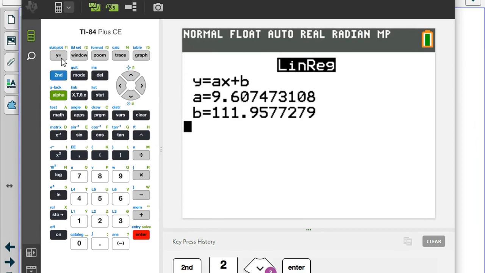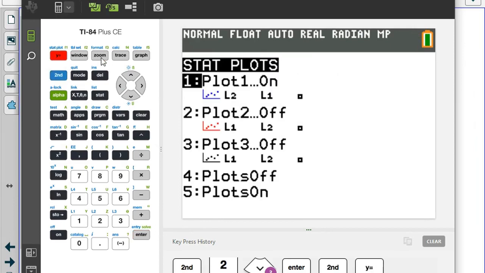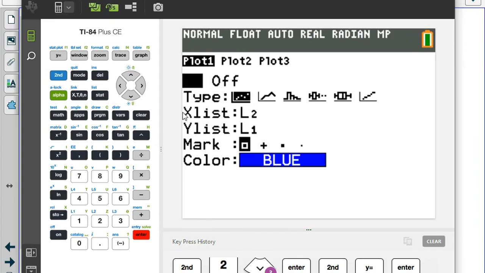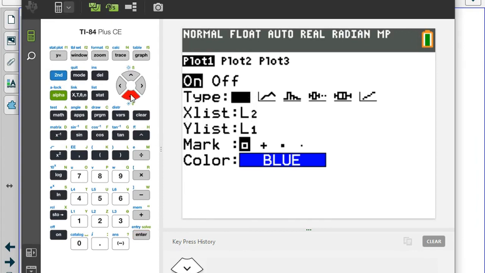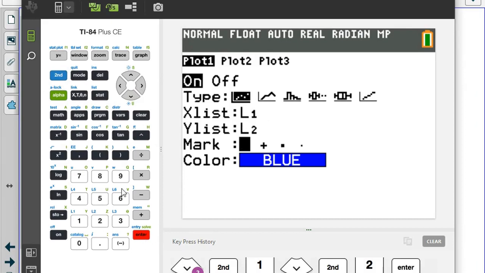And you might want to do the same thing for the stat plot. So notice how L2 and L1 are backwards. You will want to rechange this back to L1 and L2.